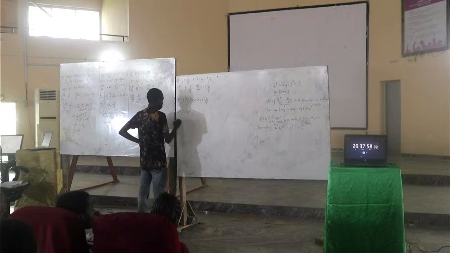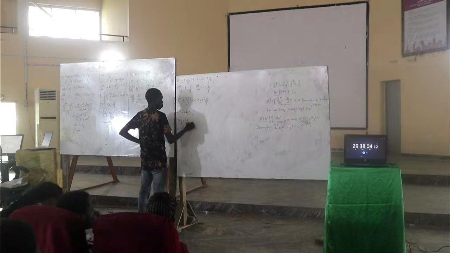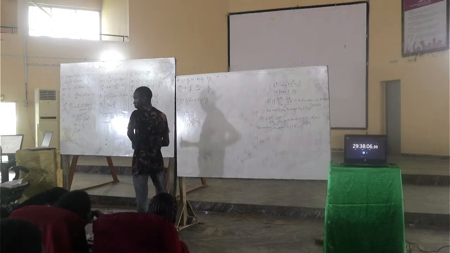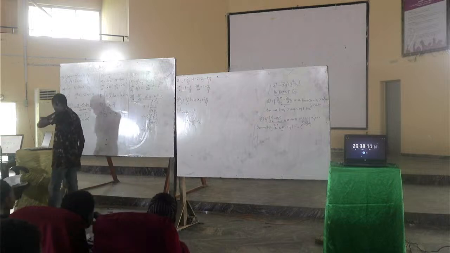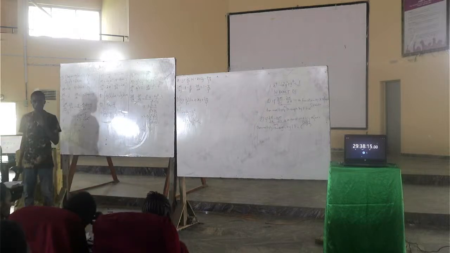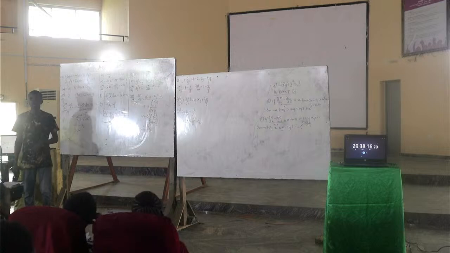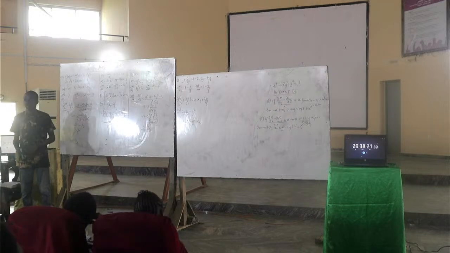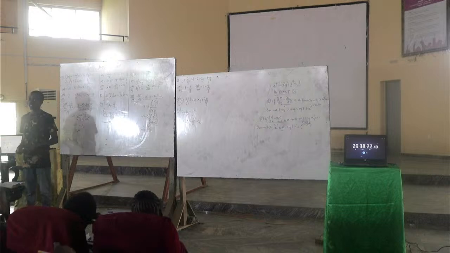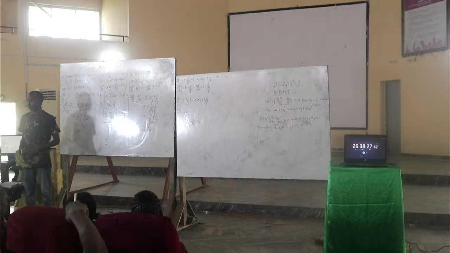Adding up this answer, you have xy plus 2x over y squared plus y squared equals c. So I think that puts a close to first order differential equations.